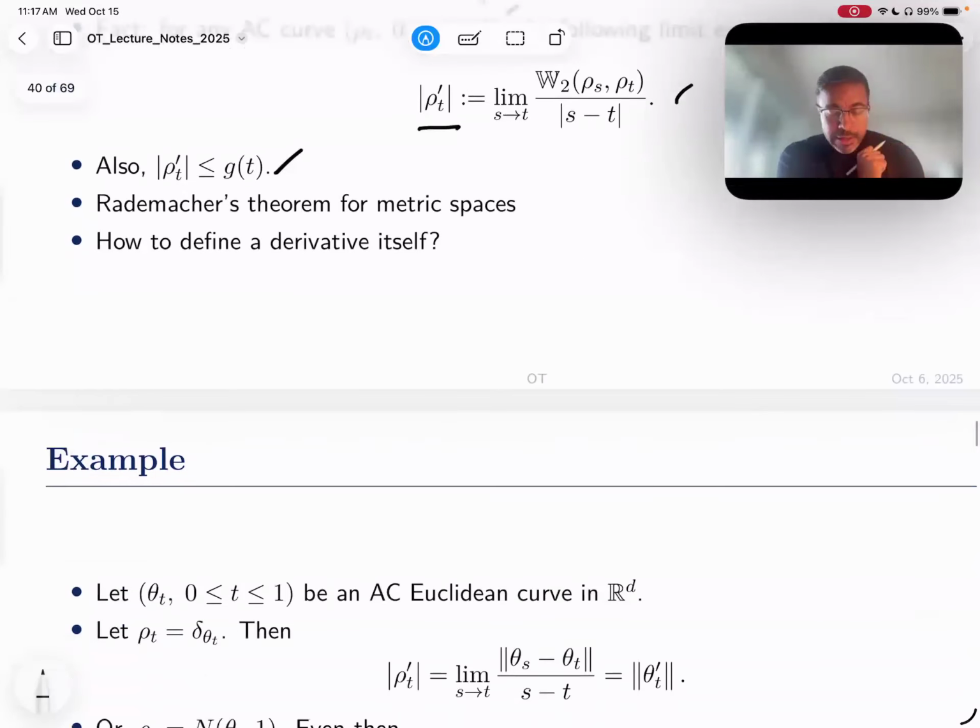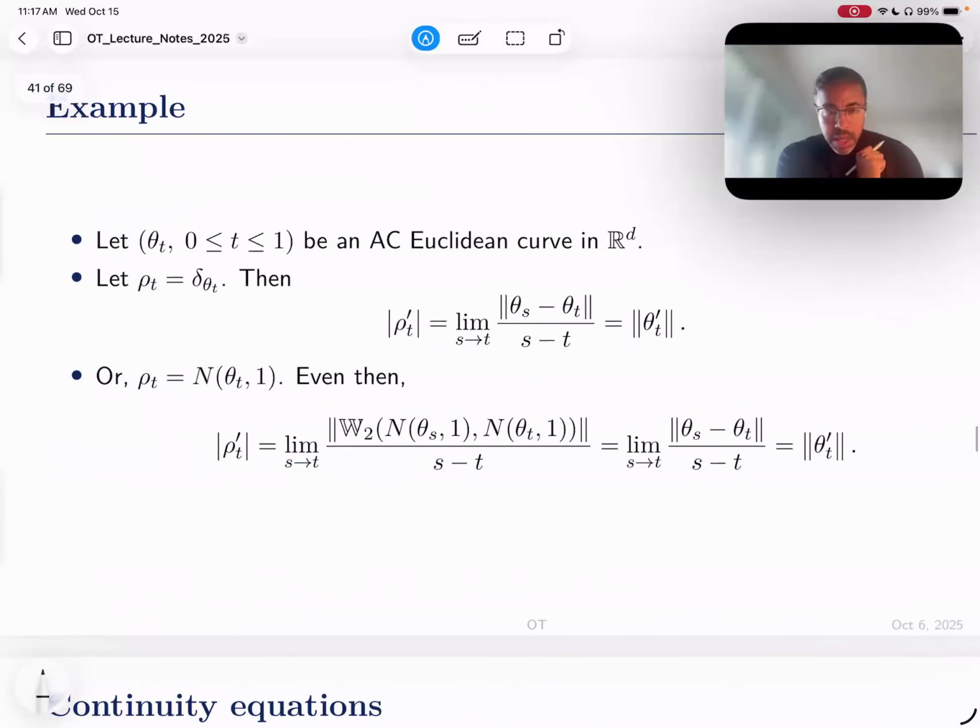So let's see an example. As I have repeatedly said, one of the reasons why Bayesian analysis is so popular is that it lifts the underlying Euclidean geometry to the geometry of probability measures. So here is one. Let theta t be some absolutely continuous Euclidean curve in Rd, absolutely continuous with respect to the Lebesgue measure.